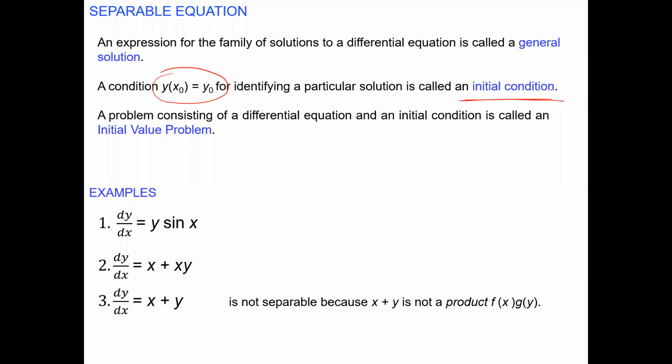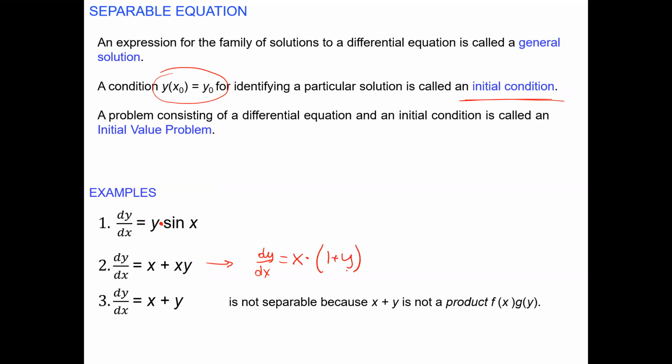Okay, and now I have just three examples. The first two are separable differential equations. We can nicely see the product of a function of y and a function of x. For the second one, we might think that it's not easy, but when we factor out x, we will have 1 plus y.